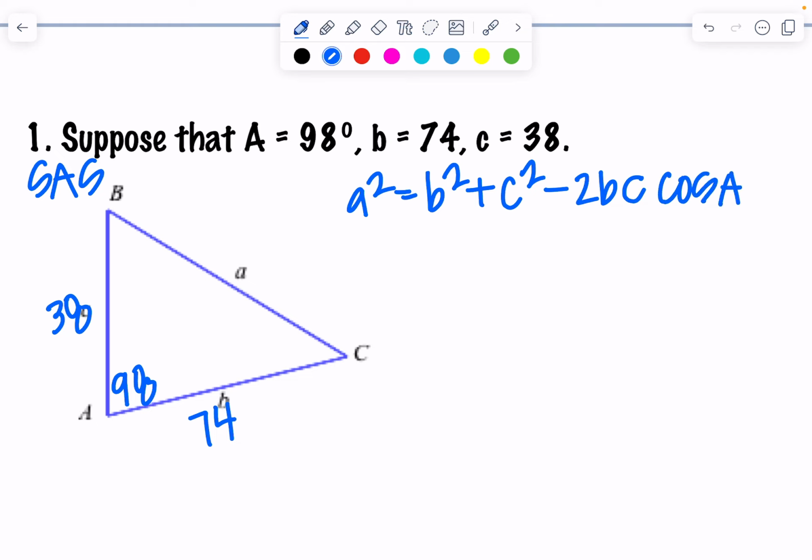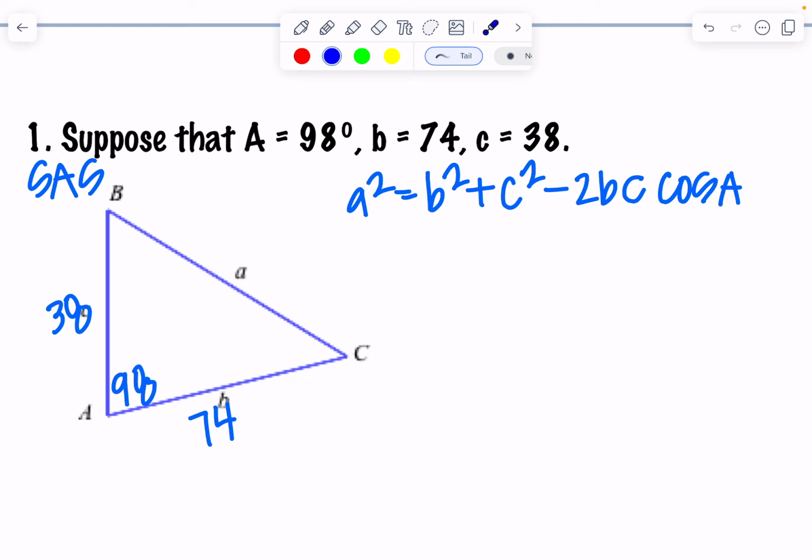cosine A. Okay, so again, kind of ignore the a's, b's, and c's in reference to these. What I look for is that we're going to solve for this missing side. So we're going to go with that side, and I'm going to plug in everything I know.